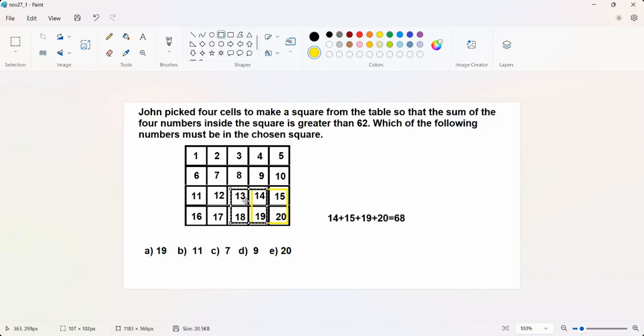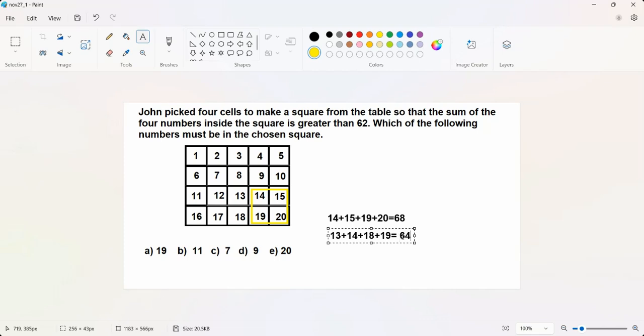It gives us 13 plus 14 plus 18 plus 19. 13 plus 14 is 27, plus 18 is 45, plus 19 is 64.